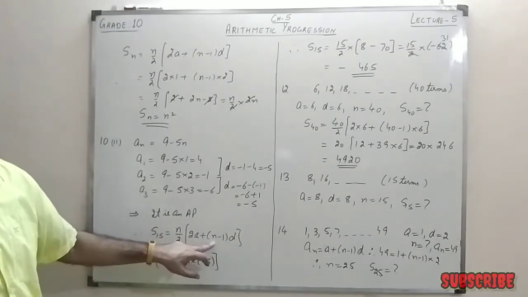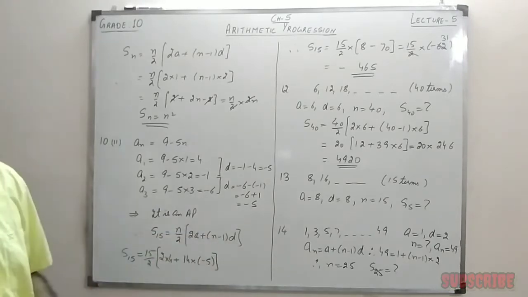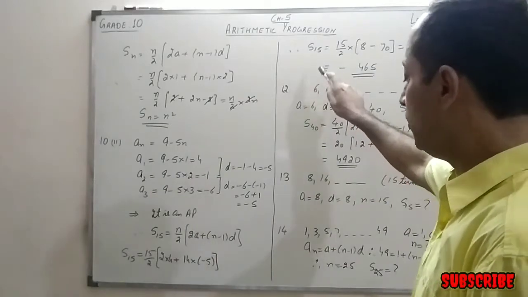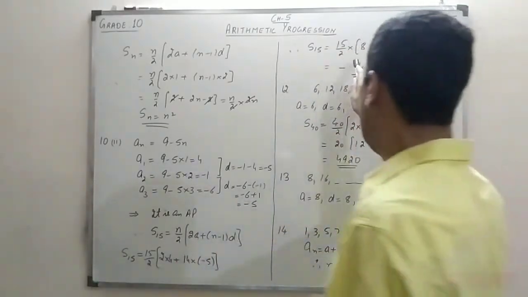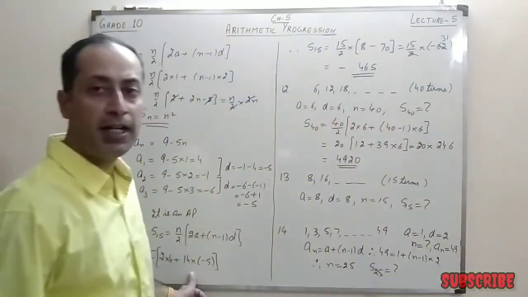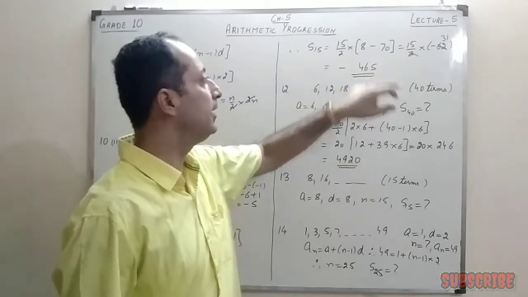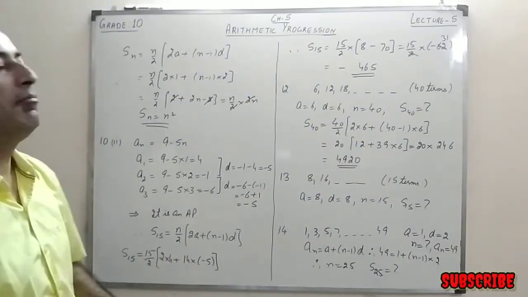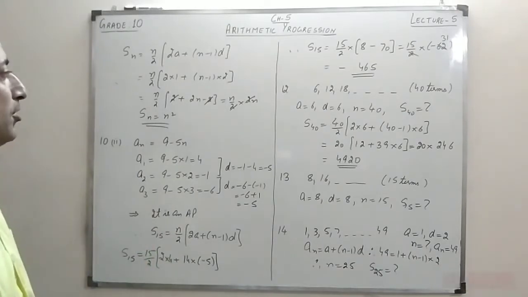Because n is 15, so 15 minus 1 is 14. 2 into 4 becomes 8, and 14 into minus 5 becomes minus 70. Simplifying, I get the sum of 15 terms as minus 465. Similarly, you can proceed for the first part of this question also.